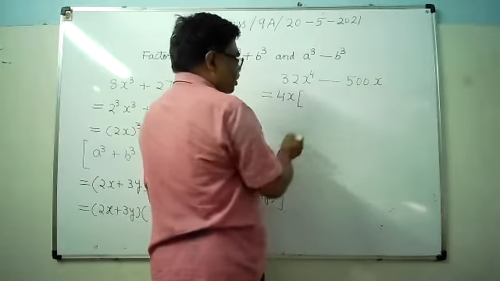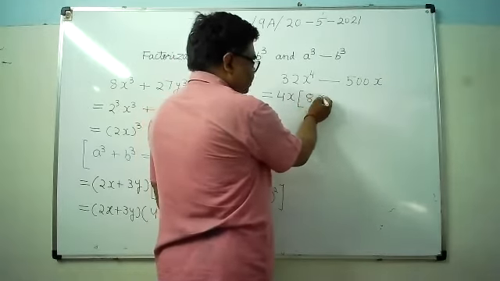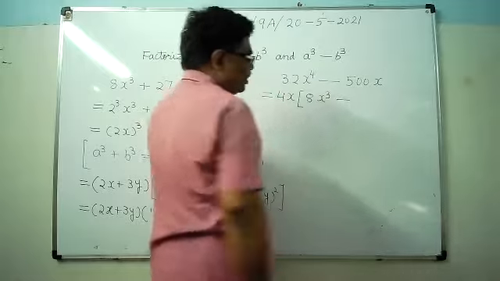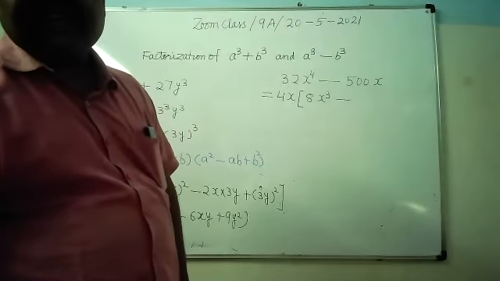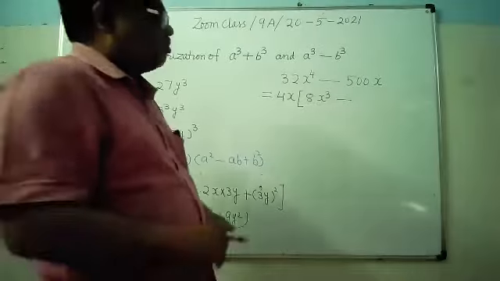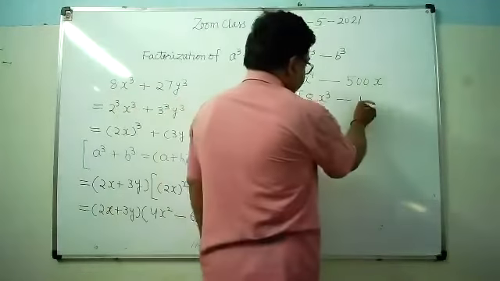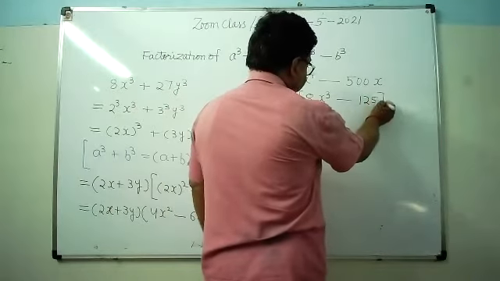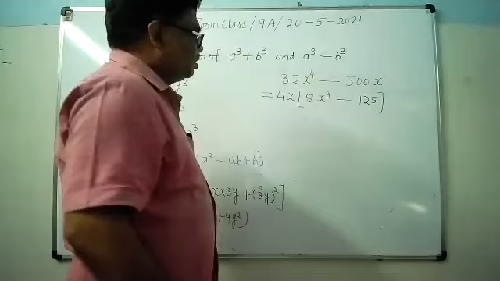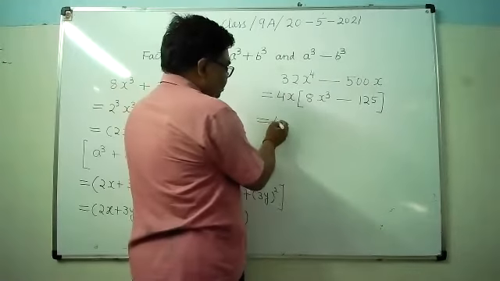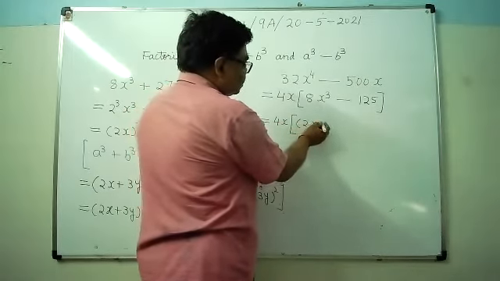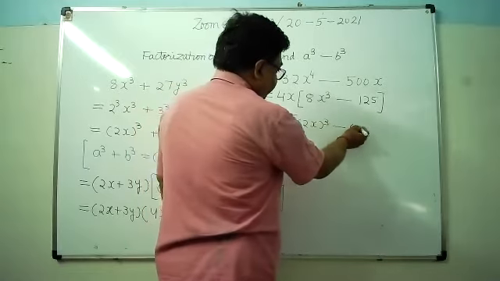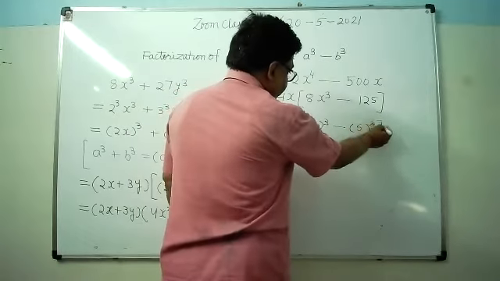When you take out common, here you will get 8x cube minus, what will you get? 125. Now here this is 4x, and 8x cube minus 125 is 2x whole cube minus 5 whole cube.